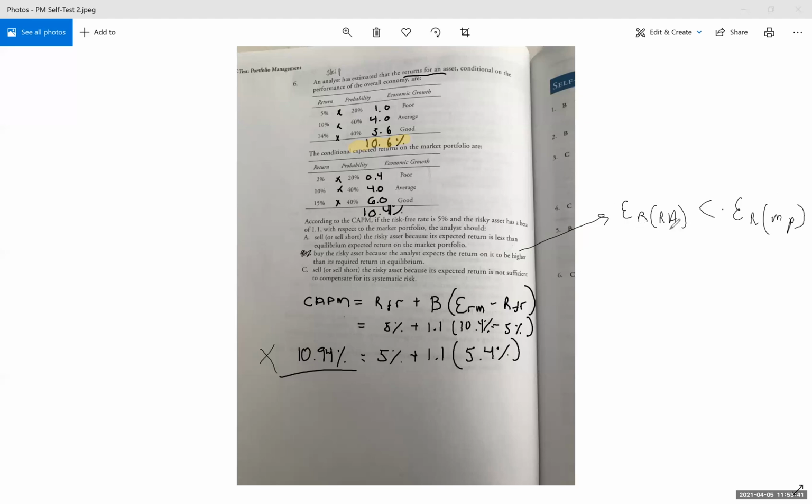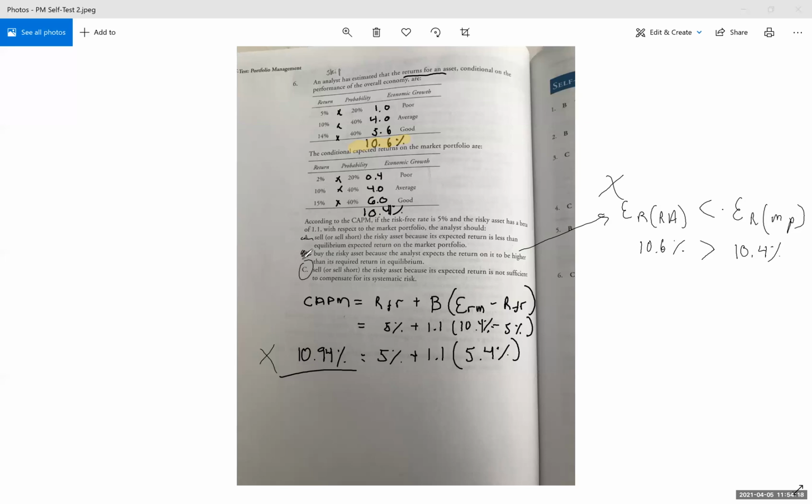We've got expected return of the risky asset of 10.6%. And then we've got the expected market return of 10.4%. This is actually not true. 10.6 is greater. So we're not selling it because the return of the risky asset is less than the market. It's actually more than the market. So this is an incorrect answer. So we know it has to be C.